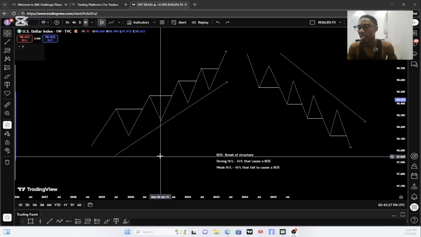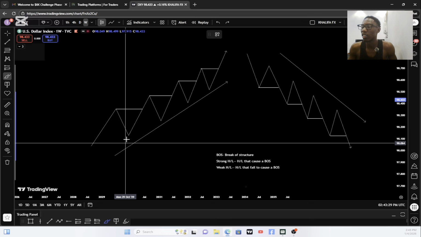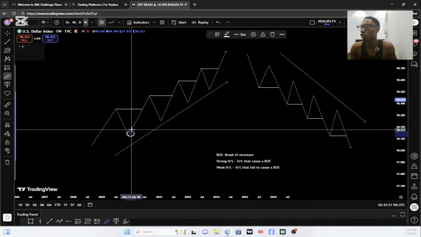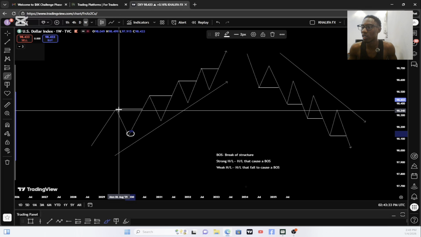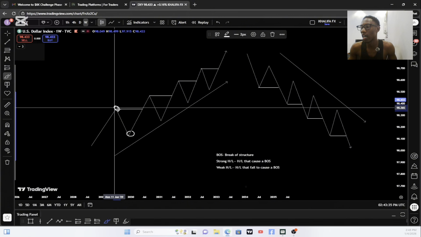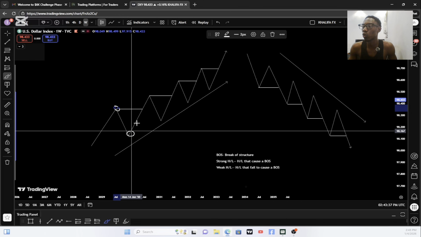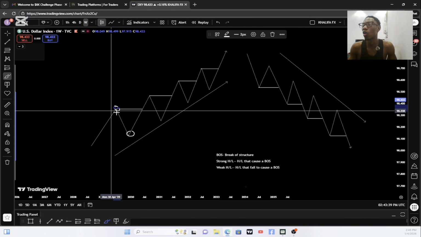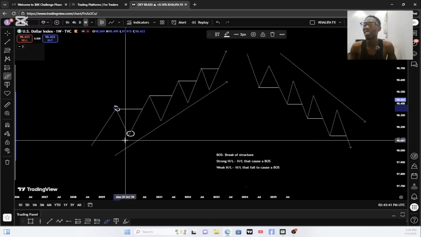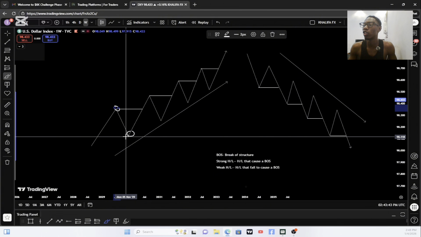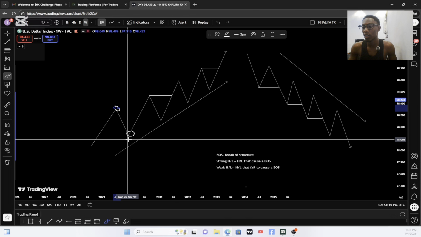That's why we say, for example, this is a low. So this low's job is to take out a high, and this one is a high. So this low has gone on and taken out this high. That means that this low has done its job.